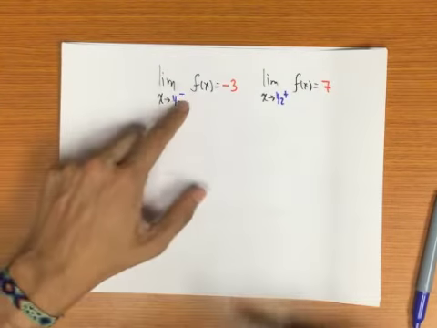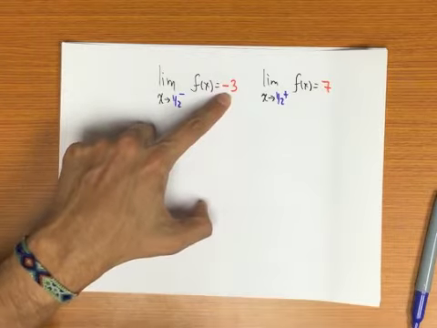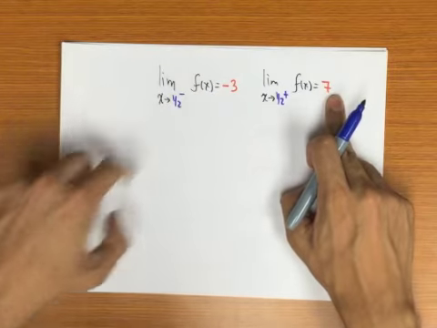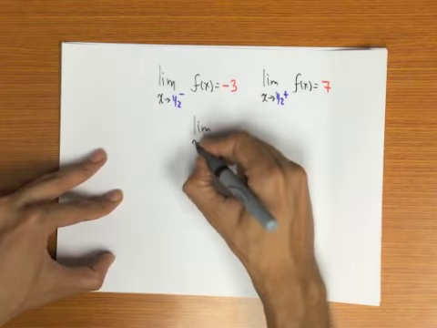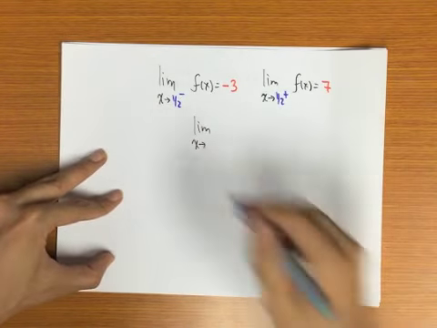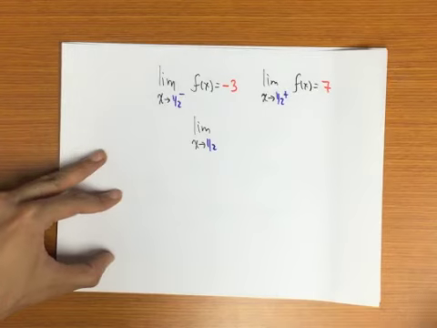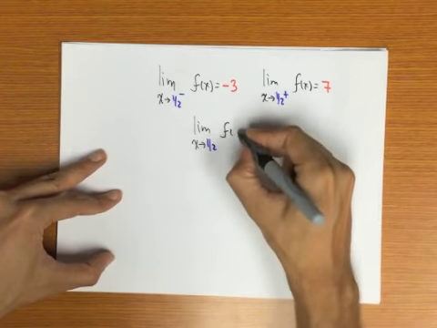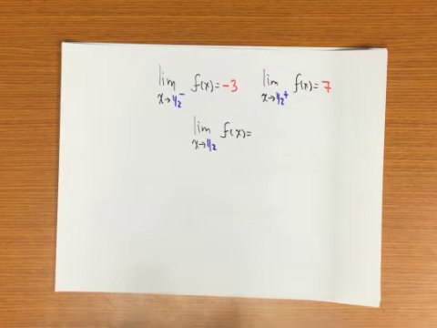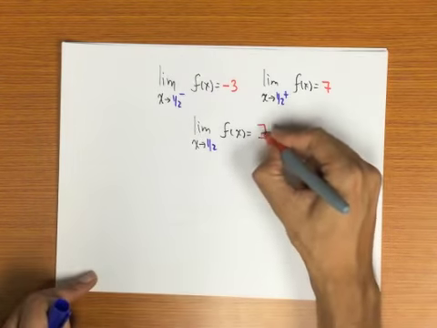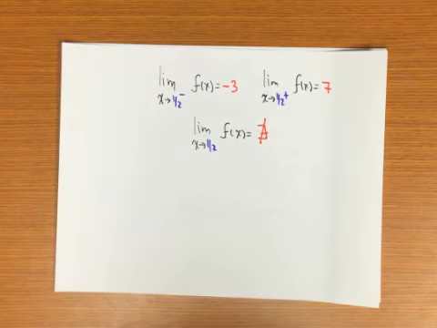From the left side we have a value of -3 for the limit. From the right side we have a value of 7. But the general limit, the limit when x approaches 1/2, does not exist at all, because the lateral limits are not the same ones, and we will say that this limit does not exist.